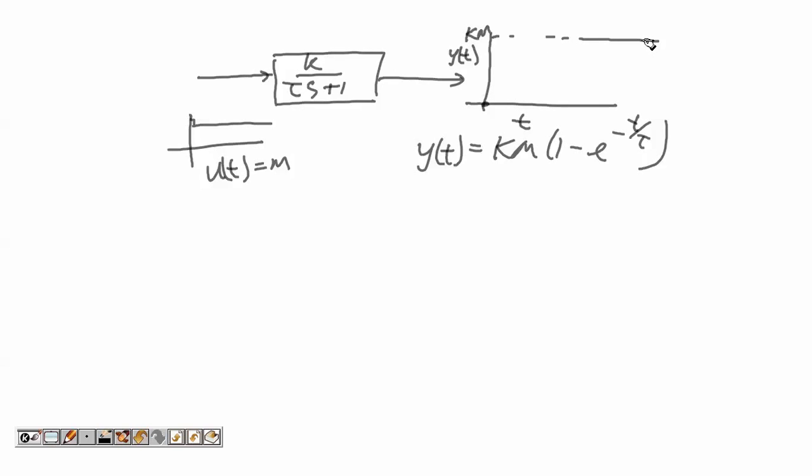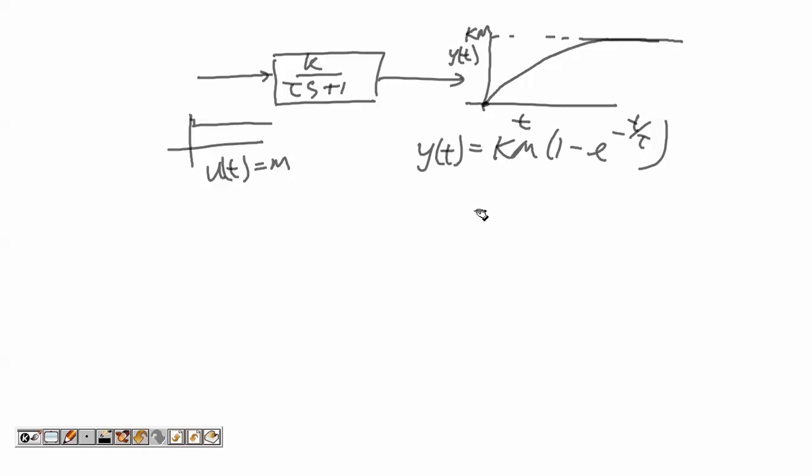So at time infinite means the second steady state, time 0 means the initial steady state. This is the transient response between the initial and the new steady state. Okay.